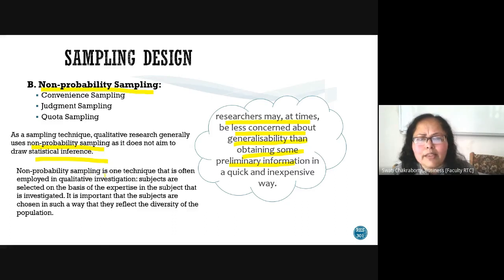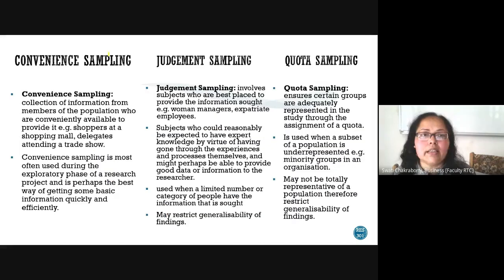Subjects are selected on the basis of their expertise in the subject investigated, and it's important that they reflect the diversity of the population. So, more detail on the three types of non-probability sampling.